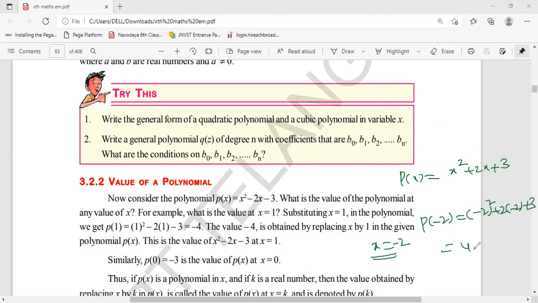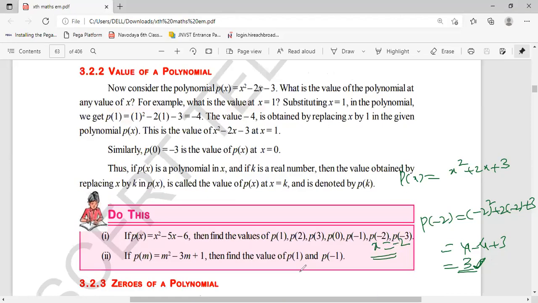It becomes 4 minus 4 plus 3. How much did you get? Just 3. This 3 is called the value of the polynomial at x is equal to minus 2.